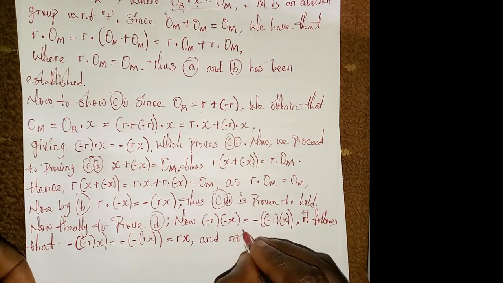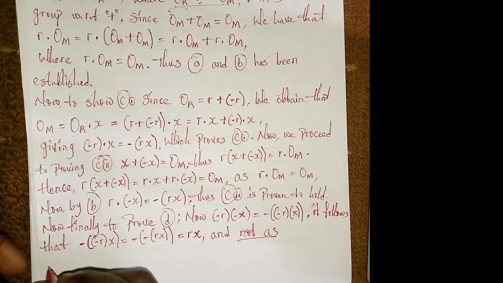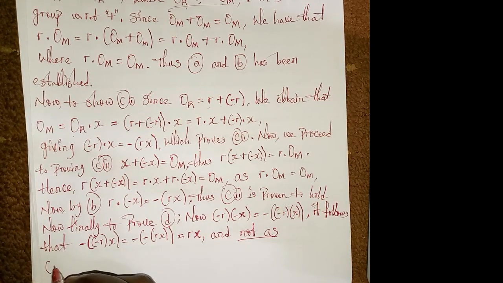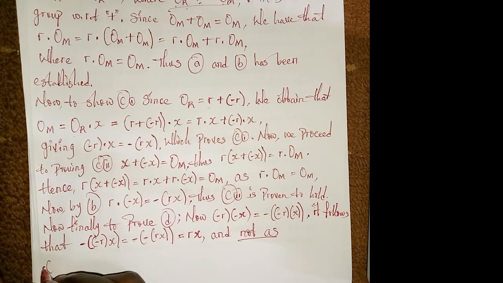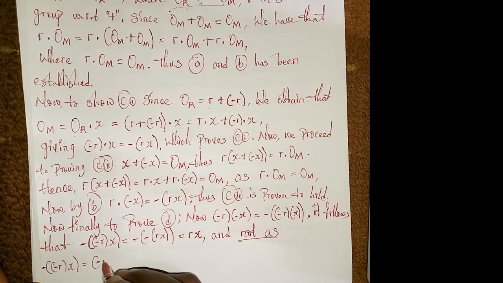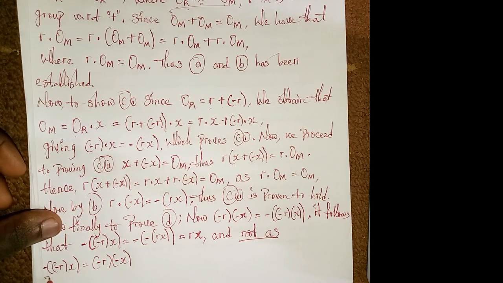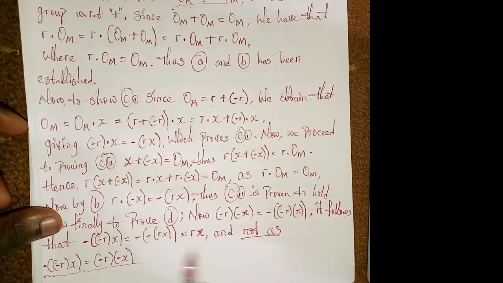and not as negative Rx, which is equal to negative R and negative x. Now this is standing as a warning that we are not to place it like this.